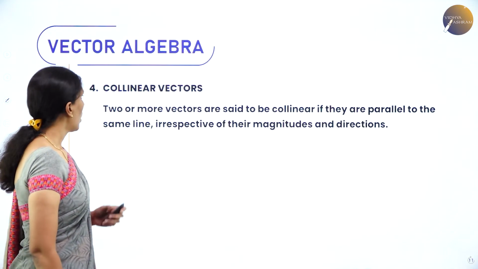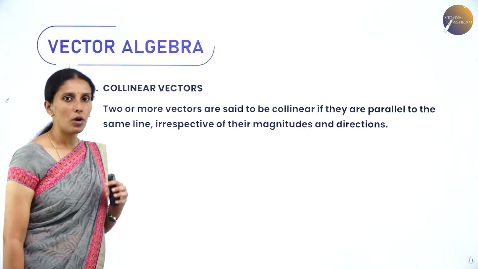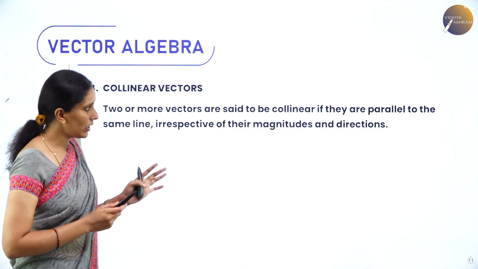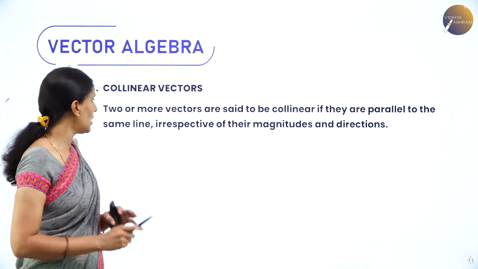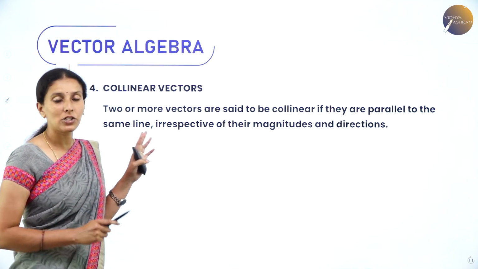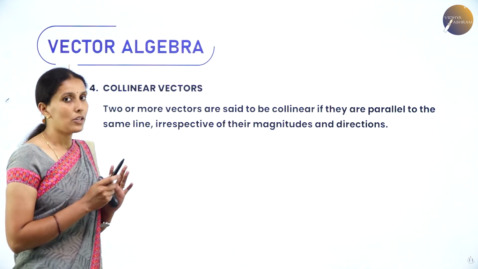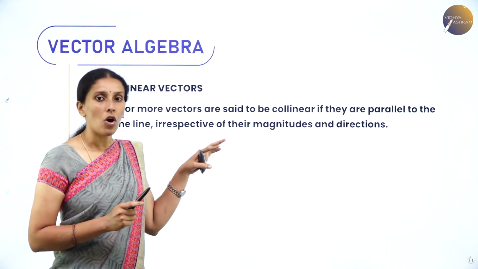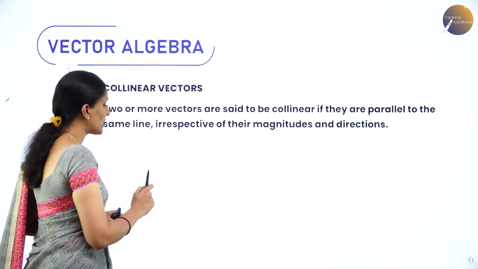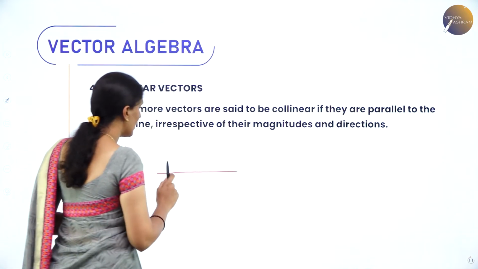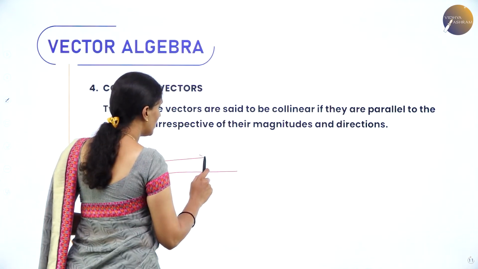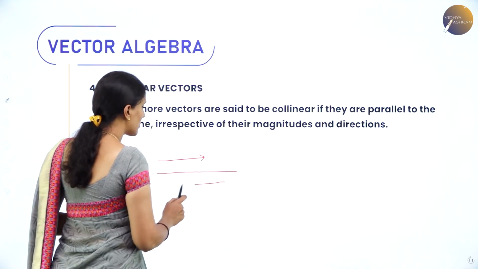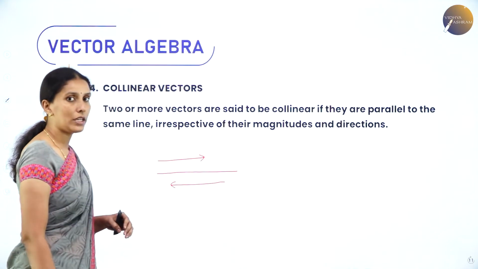Next, collinear vectors. Two or more vectors are said to be collinear if they are parallel to the same line irrespective of their magnitudes. Suppose I consider a straight line like this, a vector which is parallel to the given line is called a collinear vector.